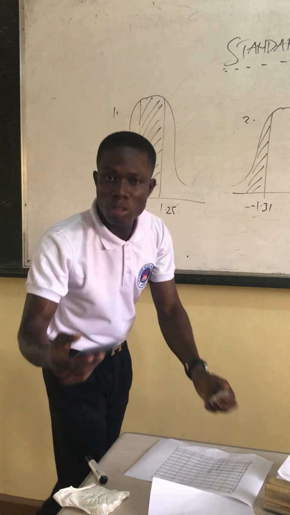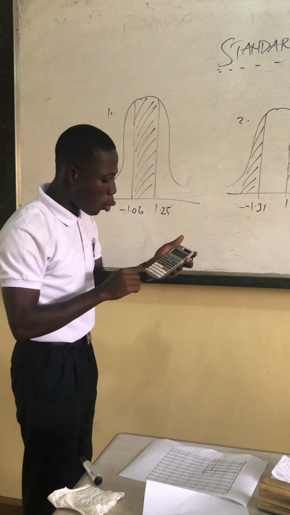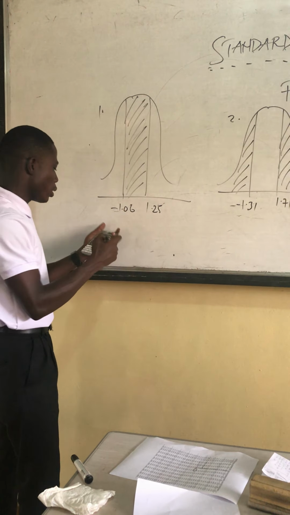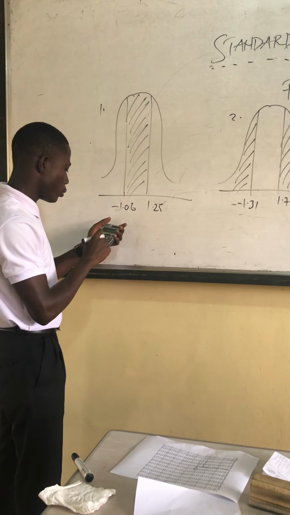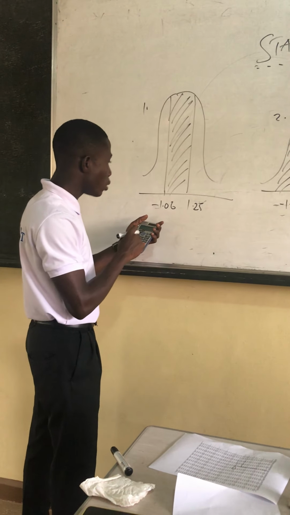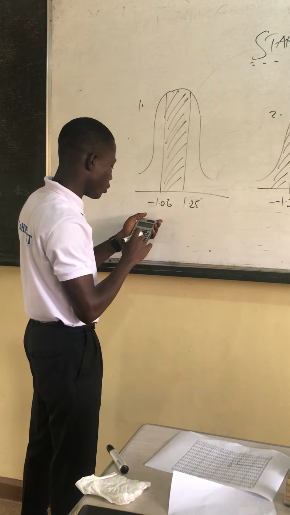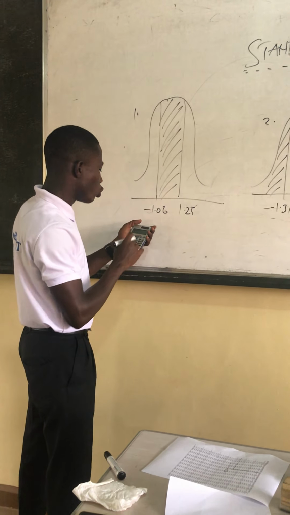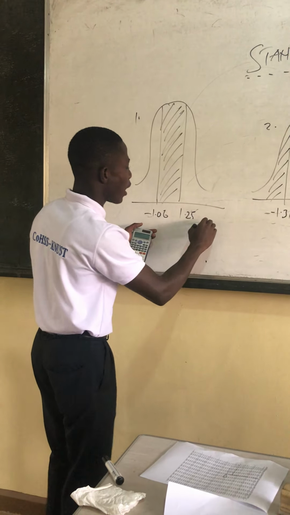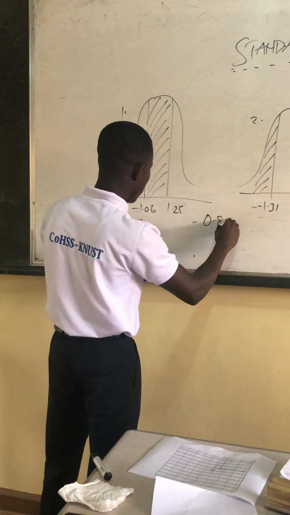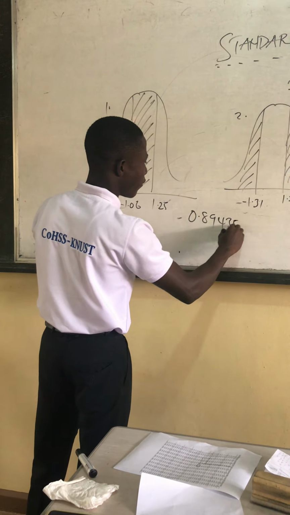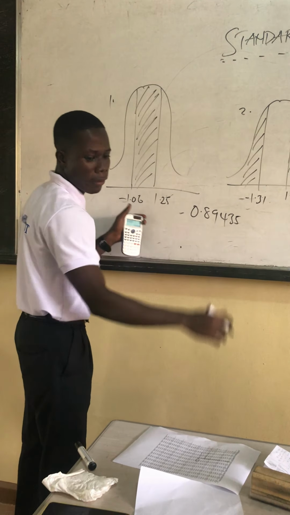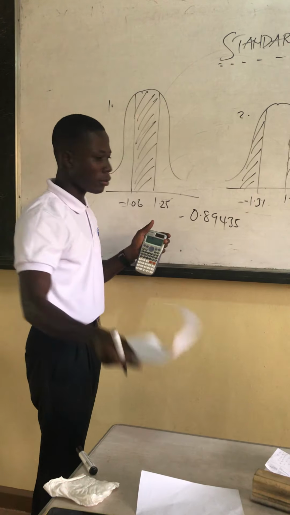Assuming I'm using my calculator to find it, with 1.25 on the calculator is 0.89435. It's the same as on the sheet.